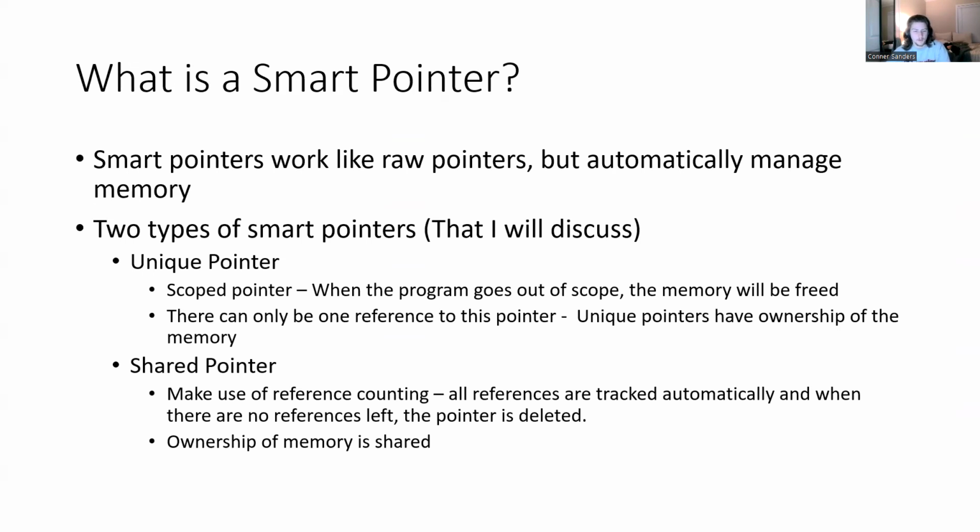And then shared pointers are a little bit more complicated on the back end, but they're still pretty easy to implement. They make use of reference counting to track how many pointers use the same memory address. This means that multiple pointers can point to the same memory address without an issue.